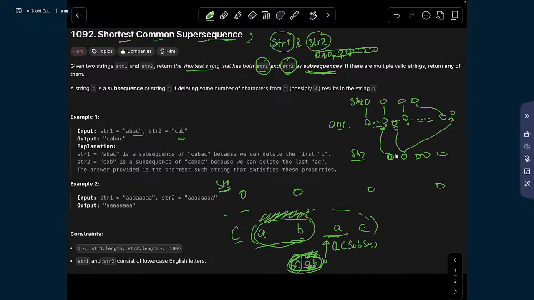And that's the thing, guys. So the core logic is to find the longest common subsequence of str2 in str1.